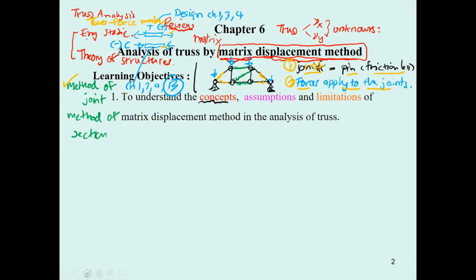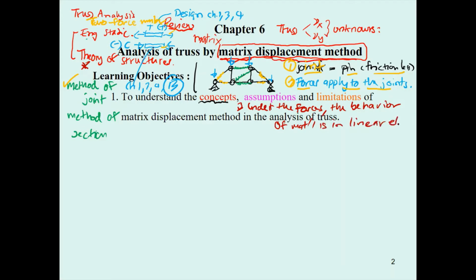And then during the theory of structure, you assume a third one: under the forces, the behavior of the material, of the steel or the aluminum, is linear elastic.